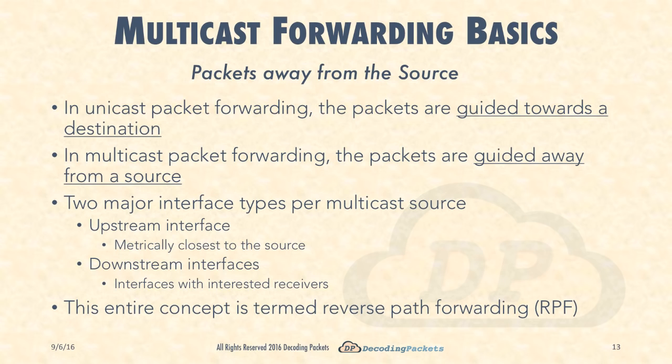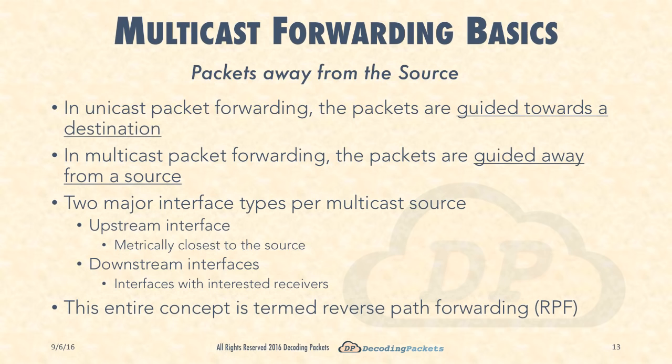So some receivers who are interested in receiving those groups have identified these interfaces, or they have used a multicast routing protocol to signal their interest in these particular groups. And once that signaling comes in from those interfaces, they then become the downstream interfaces for that source and that group.